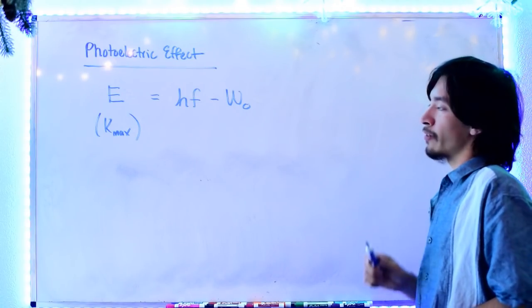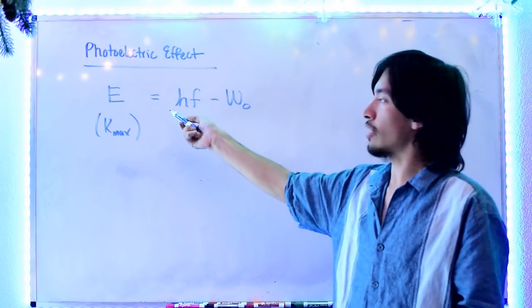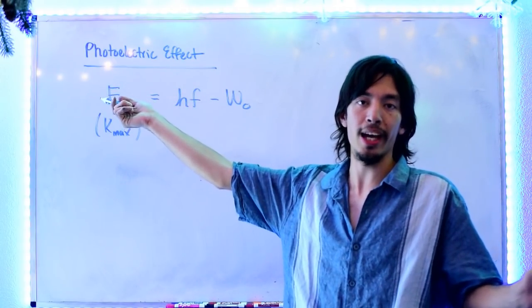Now, I'm very simply asking you for what the maximum kinetic energy is, so you don't need to do anything with this. You just need to plug the numbers in and calculate what that is.